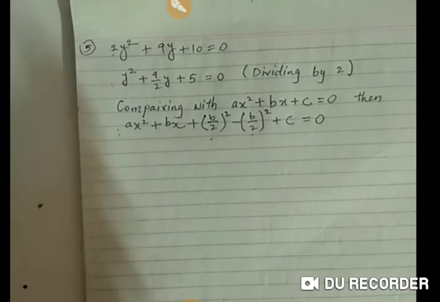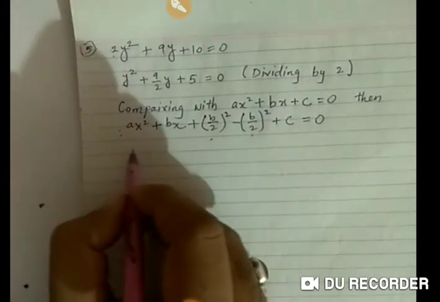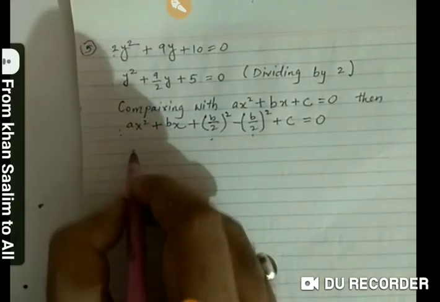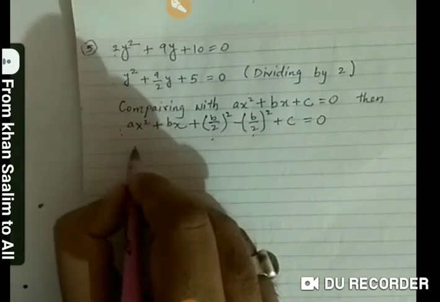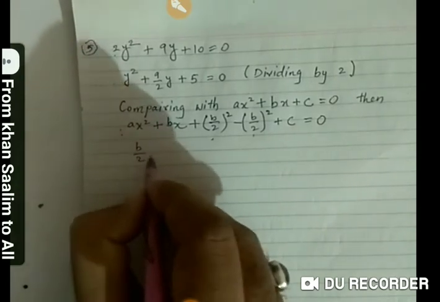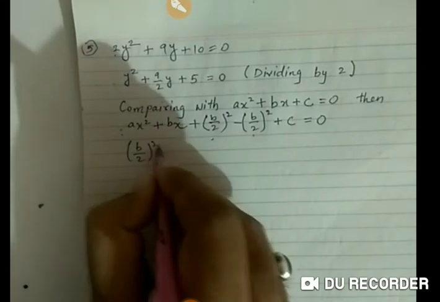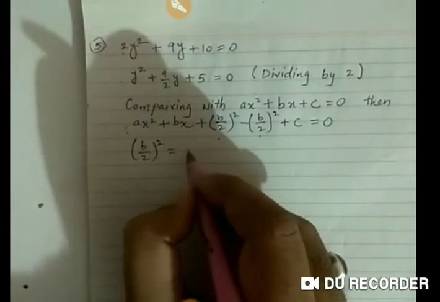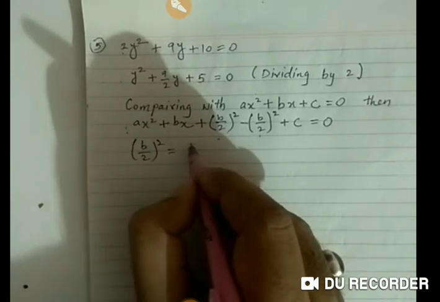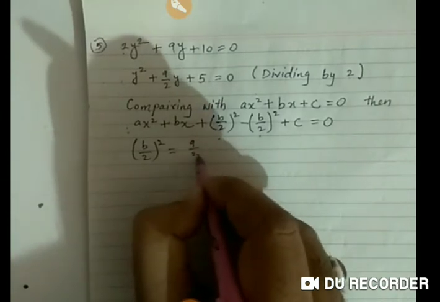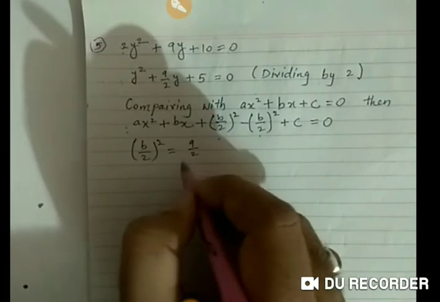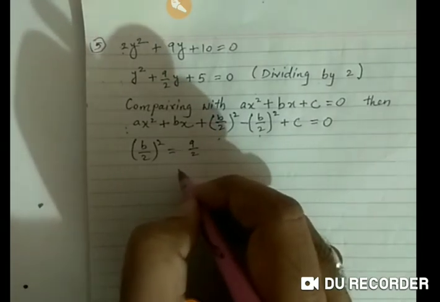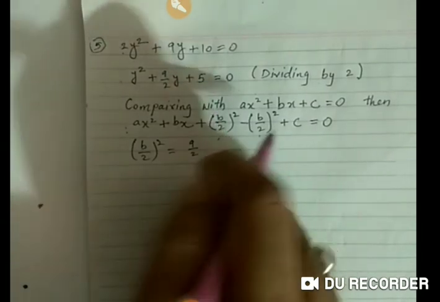It's 9 by 2, right? So b by 2 whole square is 9 by 2 upon 2.